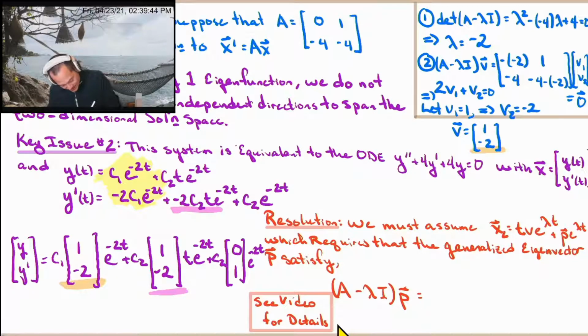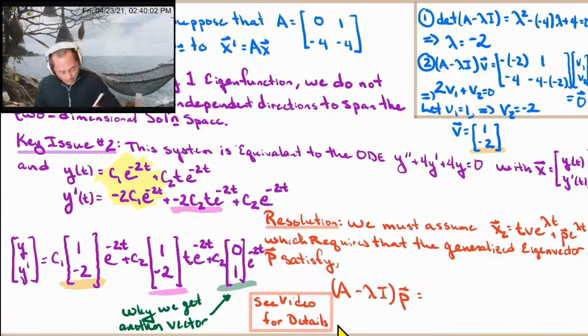So this last bit right here is why we get another vector.